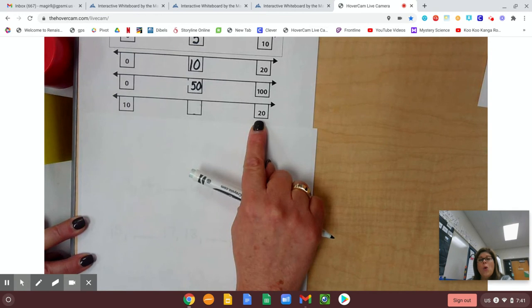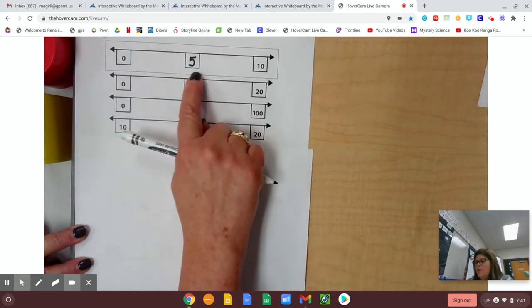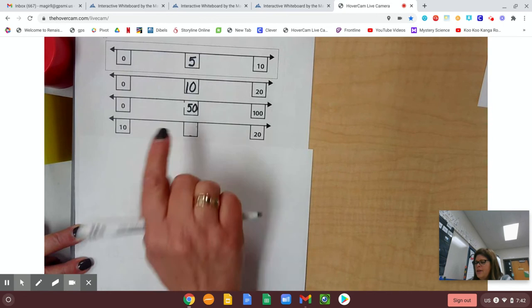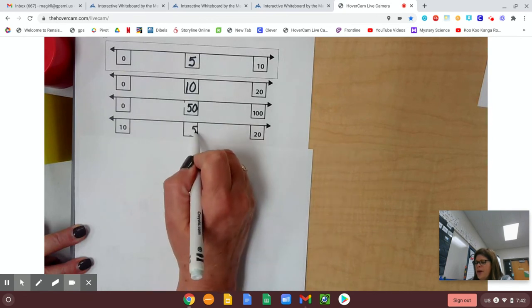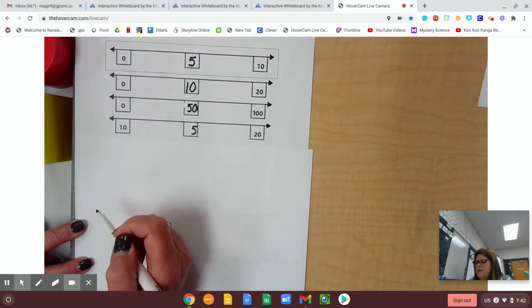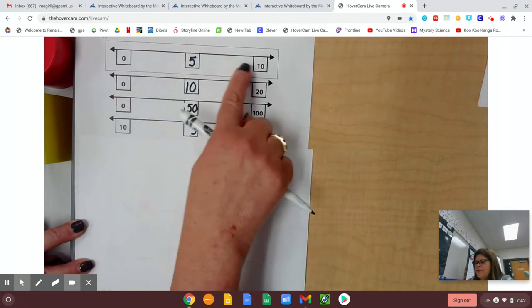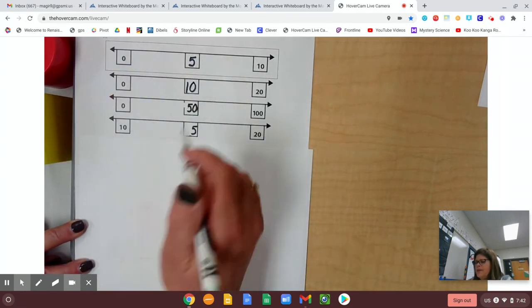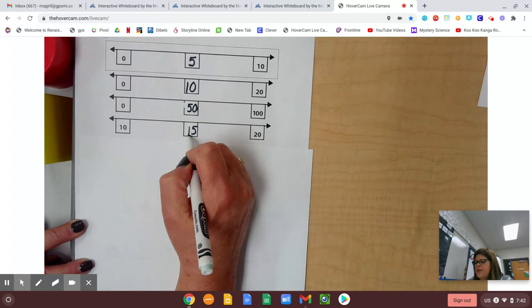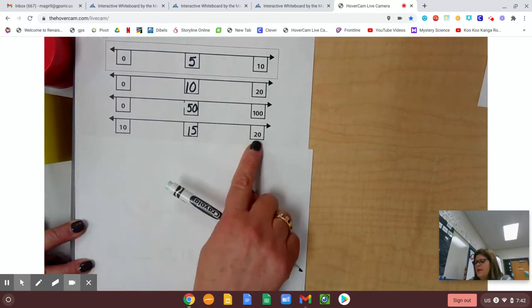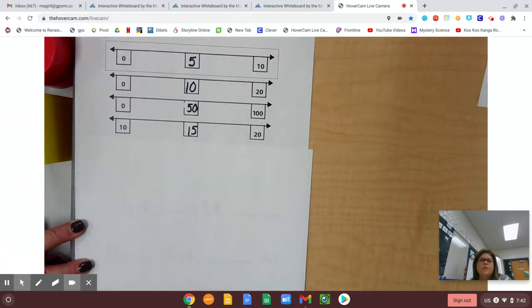And if you know that 5 was halfway to 10, this is going to have a 5 in the ones place. It's not 5 because you go 0, 5, 10, but then it's 15 and then 20. So between 10 and 20, the halfway mark is 15.